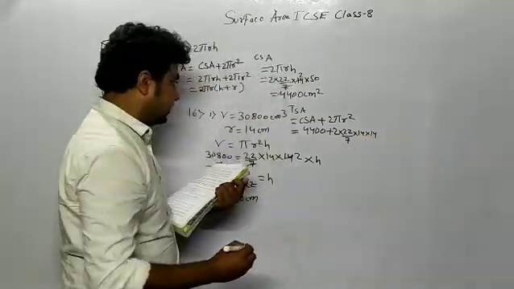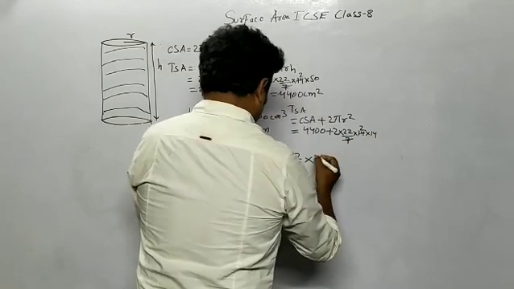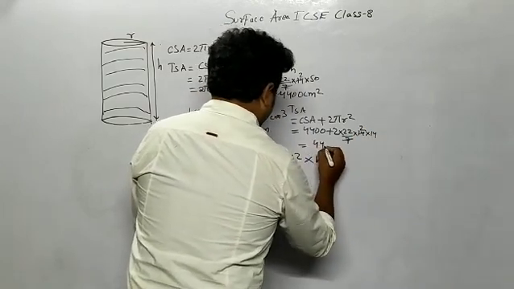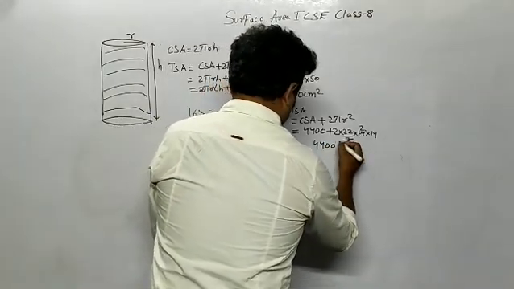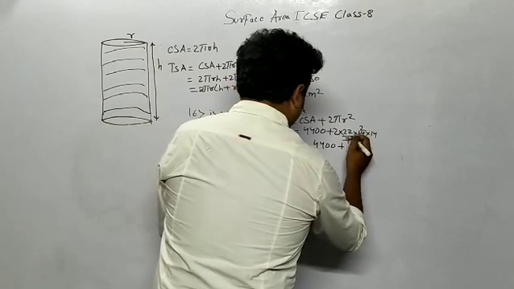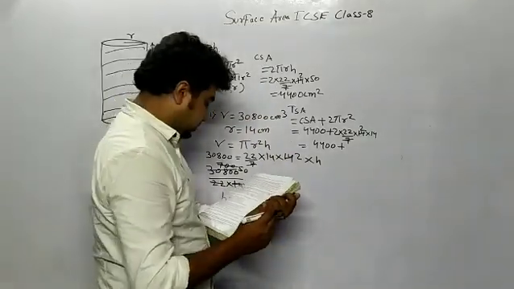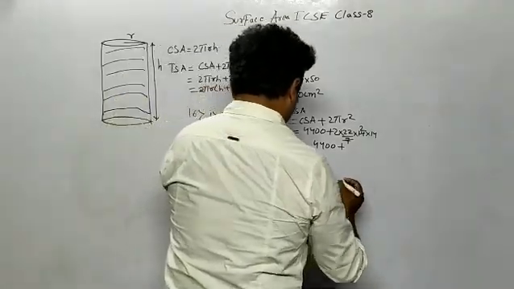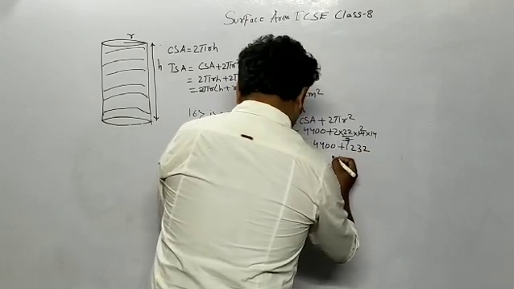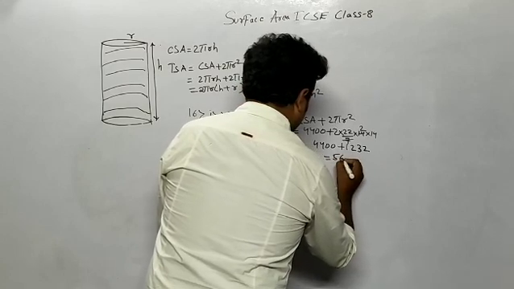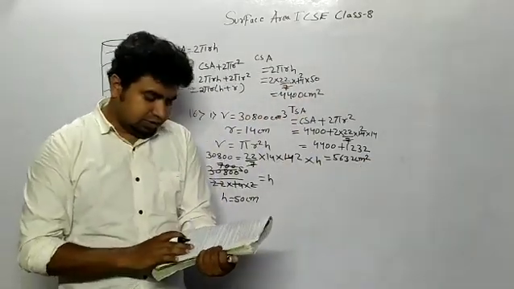That will be equal to 4,400 plus 88 into 14, which is 1,232. So ultimately we will be getting 5632 centimeter square. So this is question number 16.